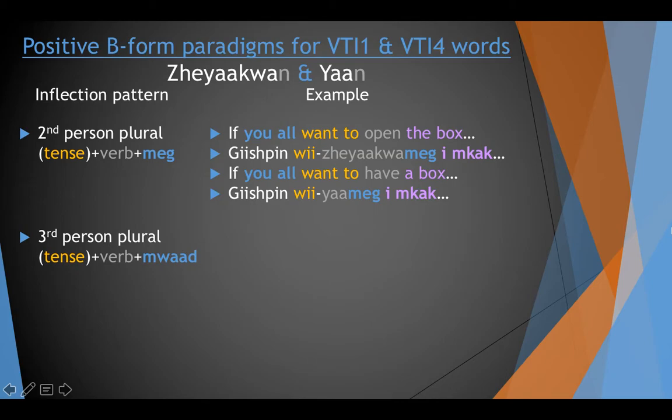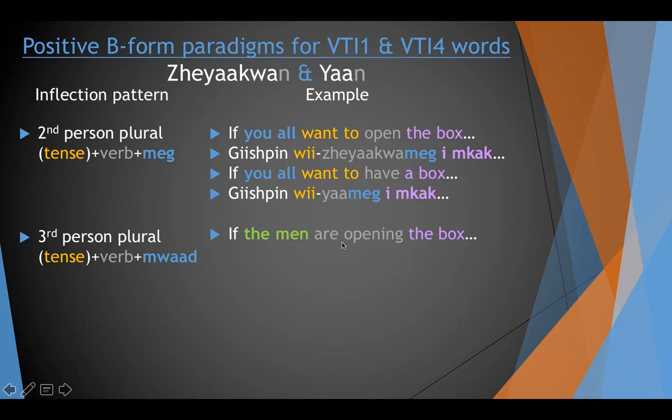Moving on to our third person plurals. So we have if the men are opening the box. So for here, we could say for if is gishbin, the men, ninwug, are opening the box. So this is present tense. We don't need a tense marker. So gishbin, ninwug, jeakwamwad, imkuk.